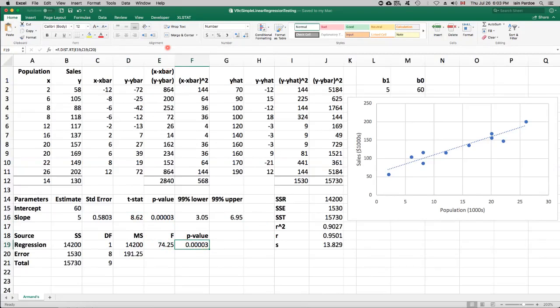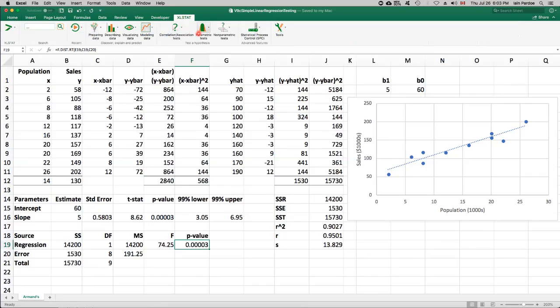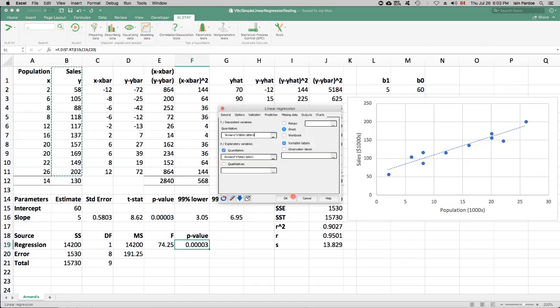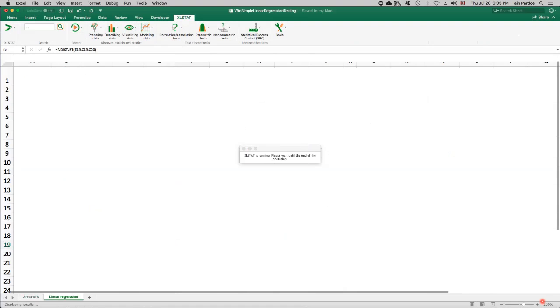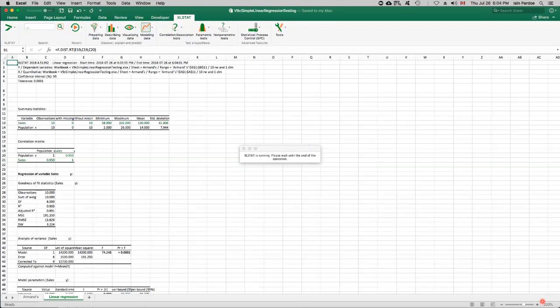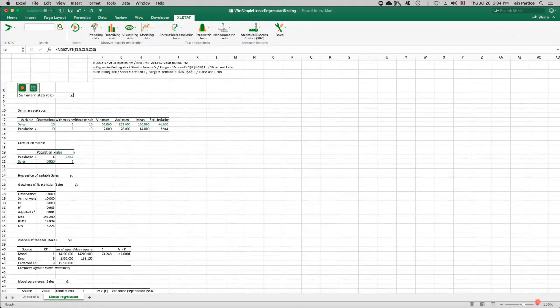Okay, so let's see where this output can be found when we run this regression in XLSTAT. We'll do linear regression, and then we'll OK this. And then we'll try and find where the parameter table is and the analysis of variance table.